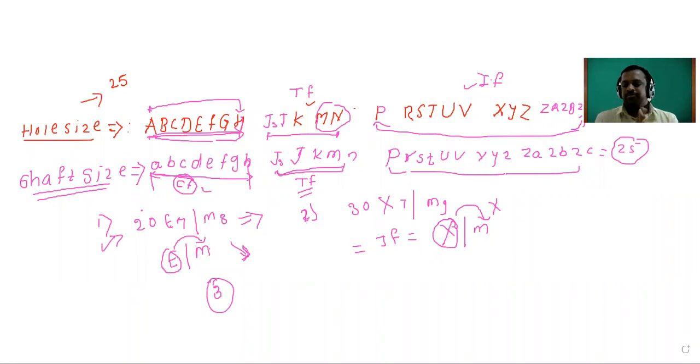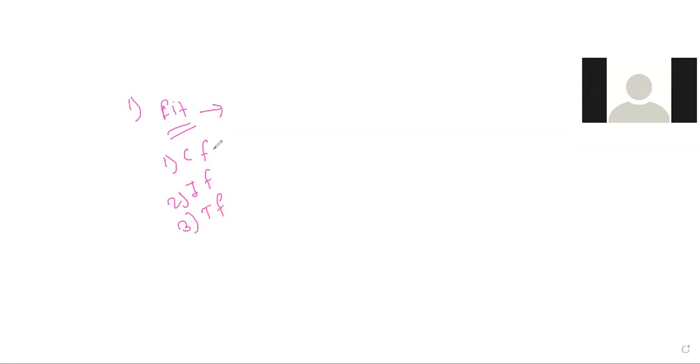Okay, so thank you. Just I will revise the points we have taken. In this lecture we have covered the fit. What is meant by the fit? It is nothing but it shows the tightness and looseness between two parts. It has three types: clearance fit, interference fit, and transition fit. In the clearance fit, what is the condition?